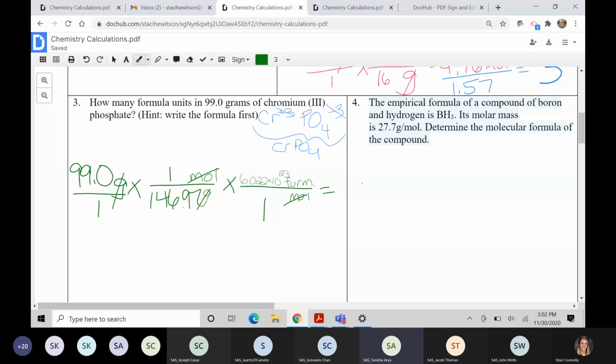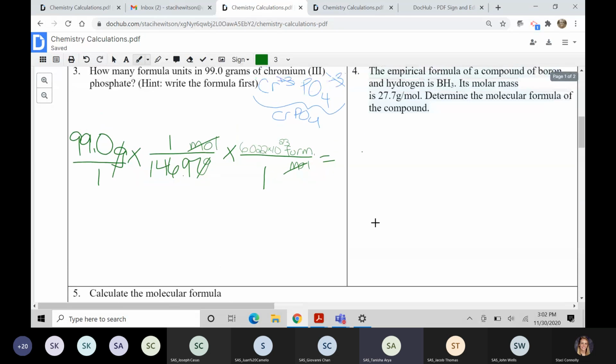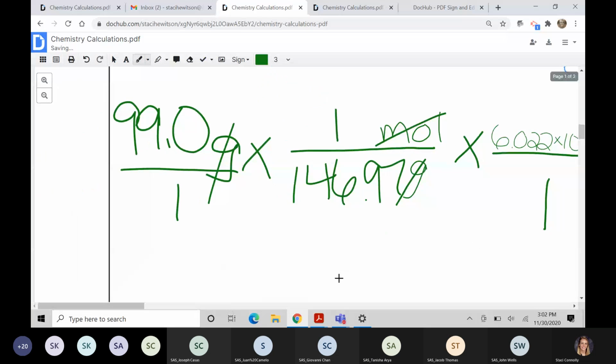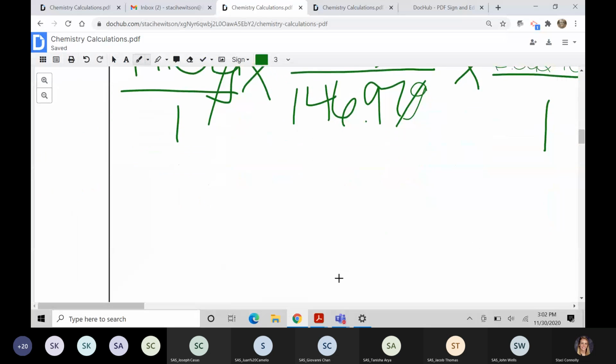I got 4.05 times 10 to the 23rd. Good. Did you get like 4.05646, something like that? Yes. Okay, so I'm going to write the unrounded one right here. Sorry, there's like a delay.